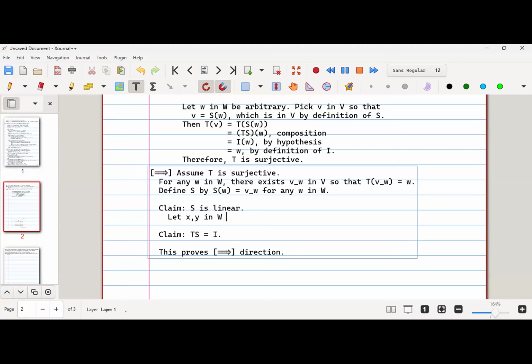So take any two vectors in the domain and any scalar, right?